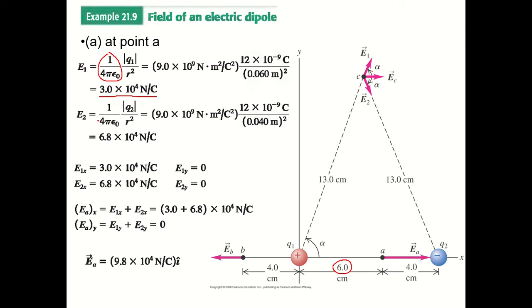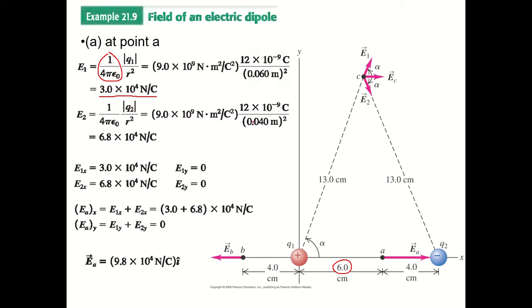Now for E2, the electric field due to this charge. Again, they have the same charge magnitude, so the same value for k, the constant.